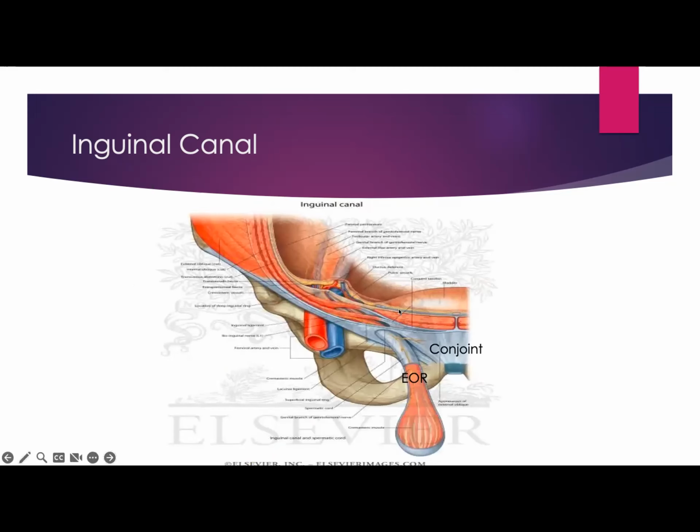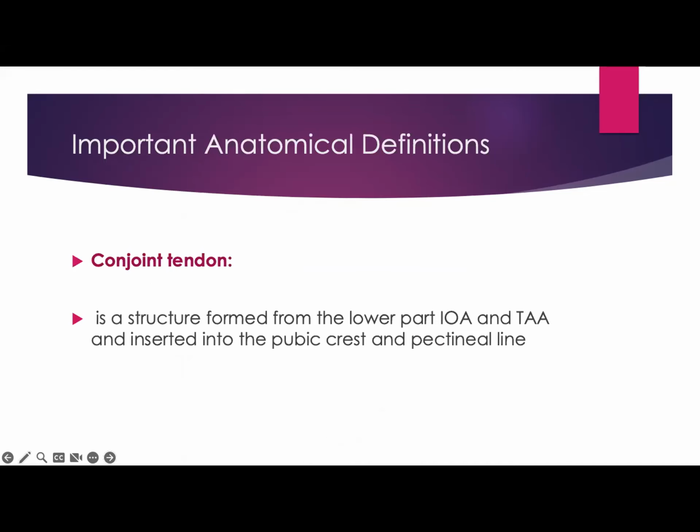So this is also another part of the ligaments, which is called the conjoint ligament. These are important just to understand the borders of the inguinal hernia, okay?